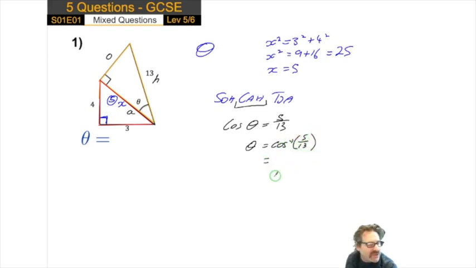And if you do that, you will get 67.3801 and so on, which we'll call roughly 67.4 degrees. Okay, so that's the first one. Second one.